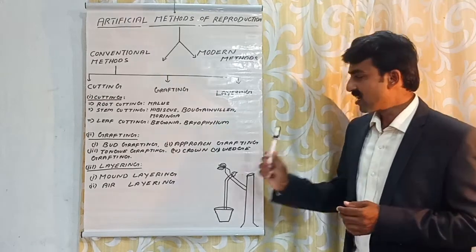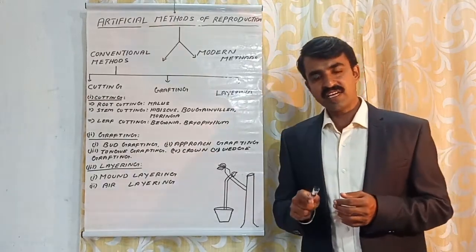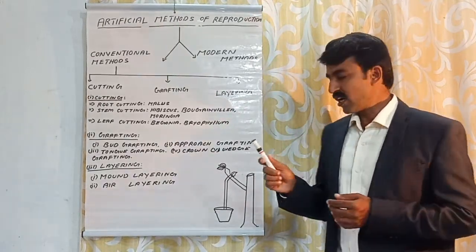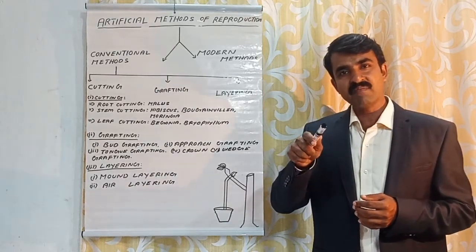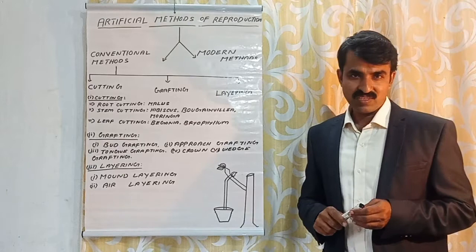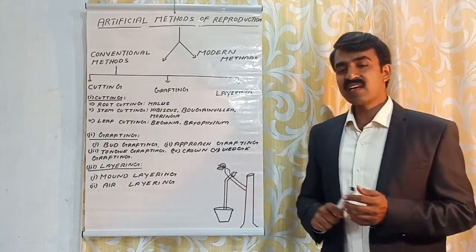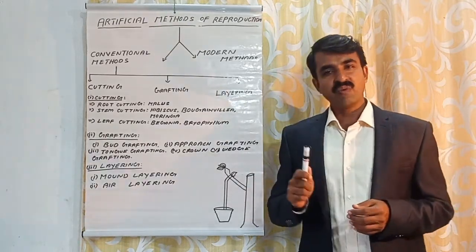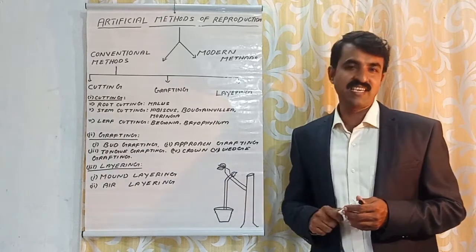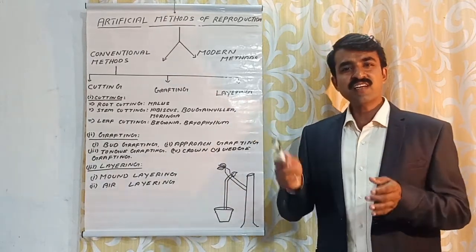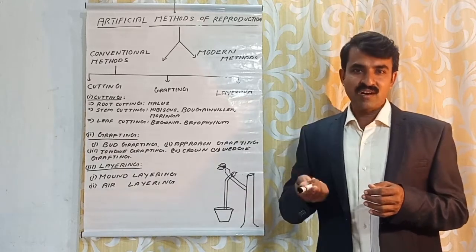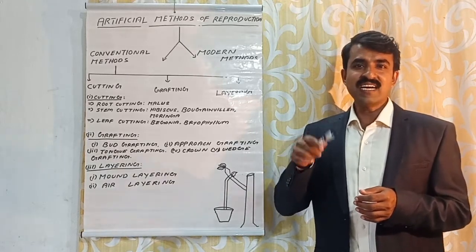The next is the crown grafting. I forgot to tell you one thing, that tongue grafting is also known by another name, whip grafting. Okay, let us come to the crown grafting. When the stalk is large in size, the scions are cut into wedge shape and are inserted into the slits.